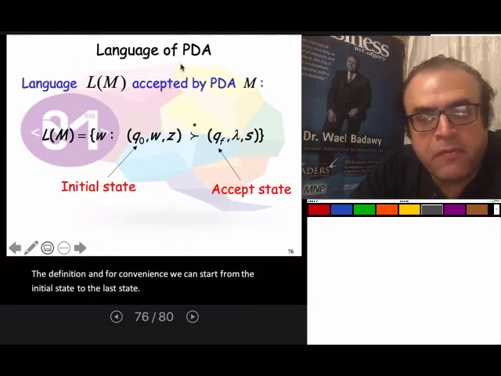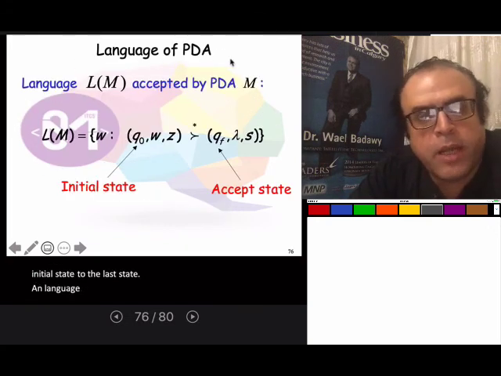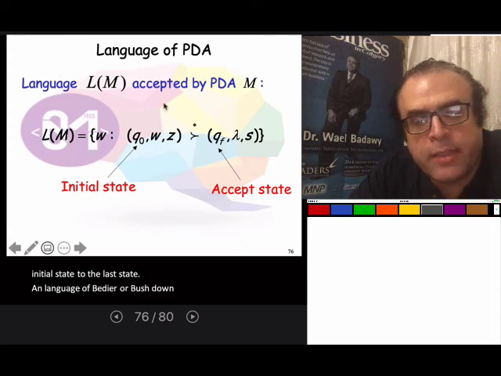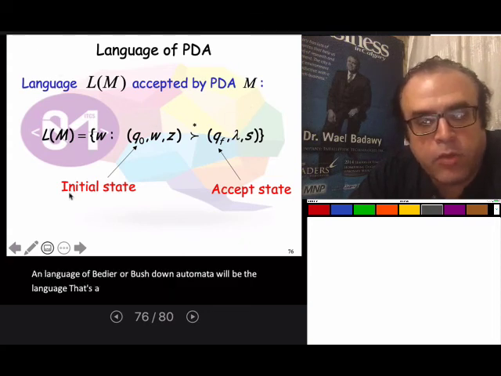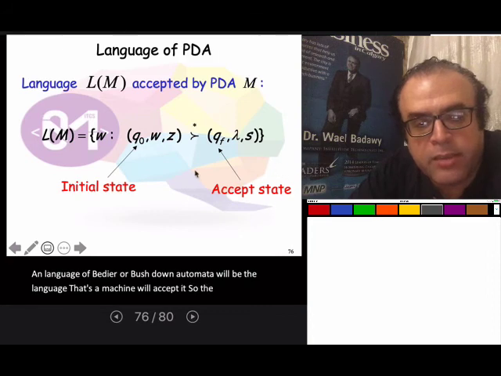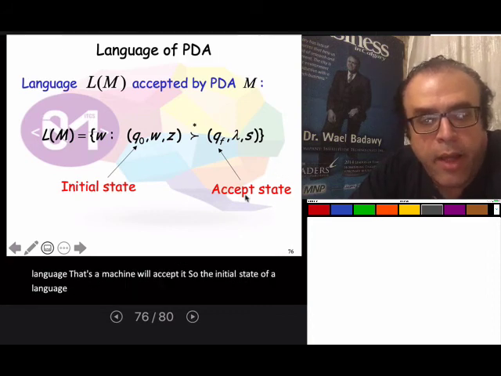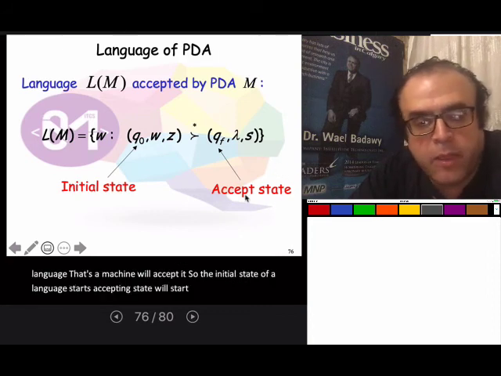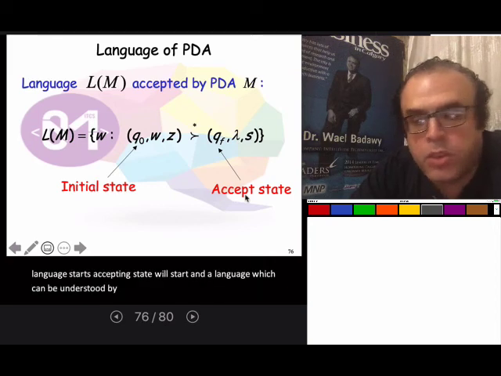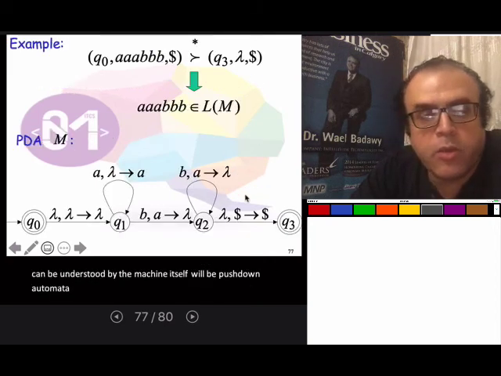The language of a PDA, or pushdown automata, will be the language that the machine will accept. So the initial state starts, the accepting state is reached, and a language which can be understood by the machine itself will be a pushdown automata language. So here is an example.